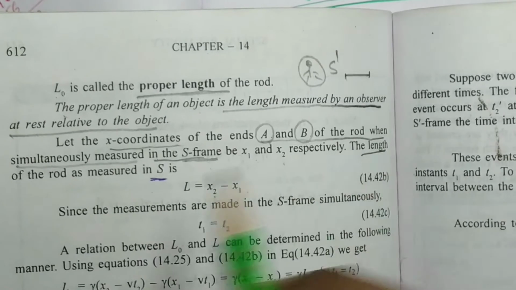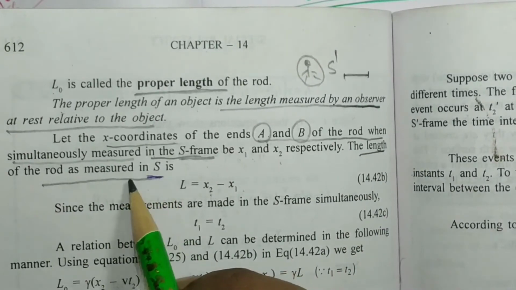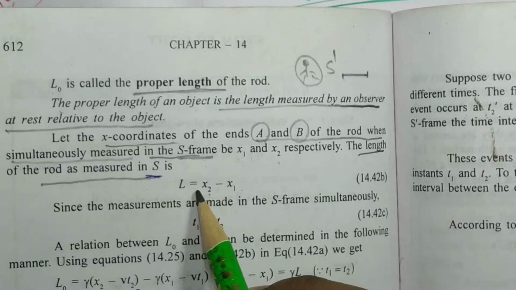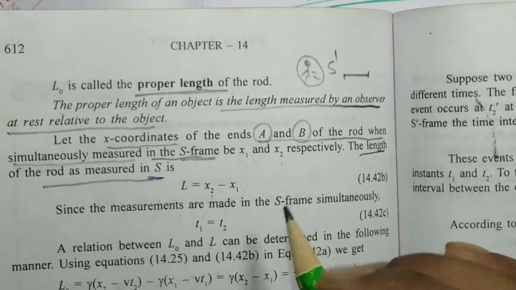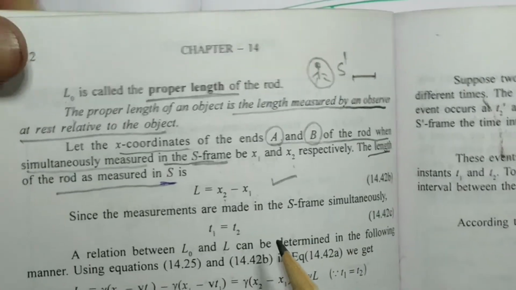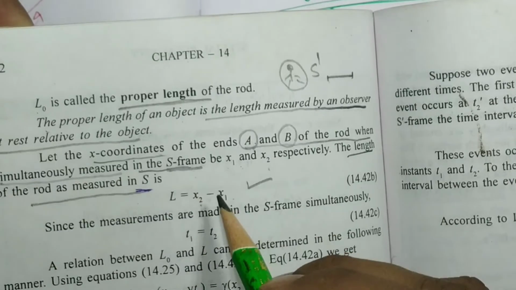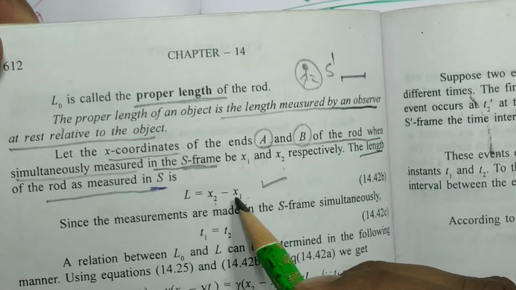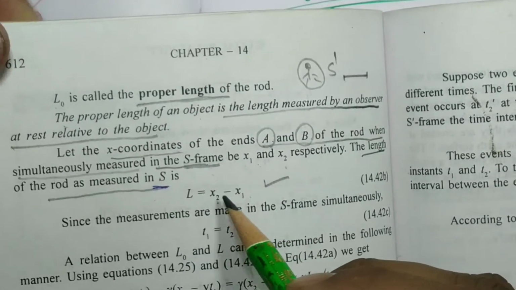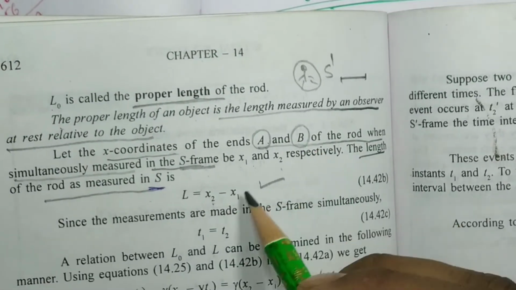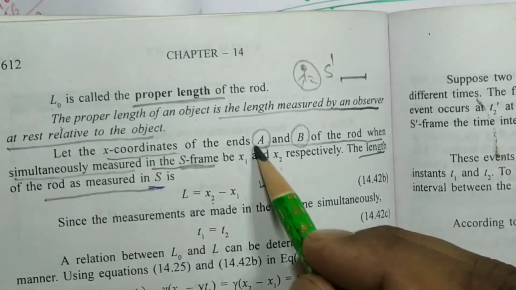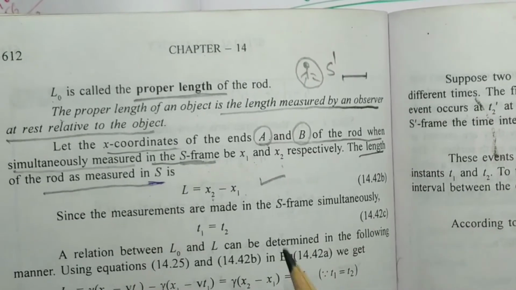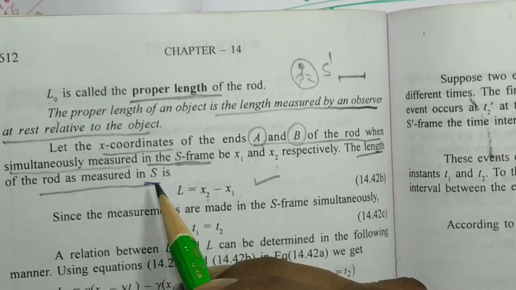So the length of the rod measured by the observer in the S frame is L equal to x2 minus x1, because the coordinate of B is x2 and the coordinate of A is x1.